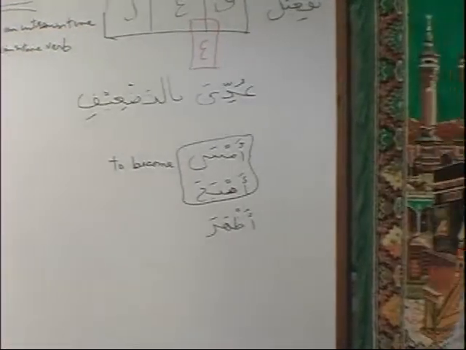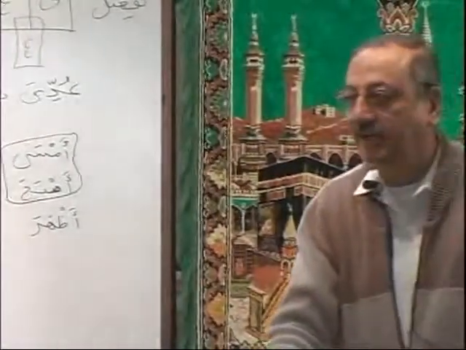And that we will be able to understand from the context of the sentence, inshallah. Kaifa amsaytum ya ikhwan. How did you enter the evening? Okay. Amsayna bi khair. We entered with khair. Walhamdulillah. In other words, how are you in the evening? We are fine in the evening, inshallah.